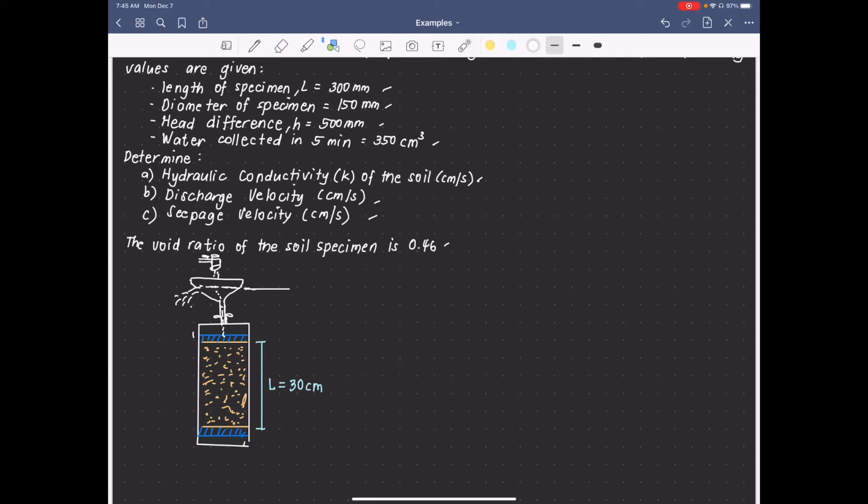And once the water flows in our sample, it goes out to our outflow, say here, and then water will be collected in a graduated cylinder. Okay, so here. And so the distance from our inflow to the outflow will be our head difference.